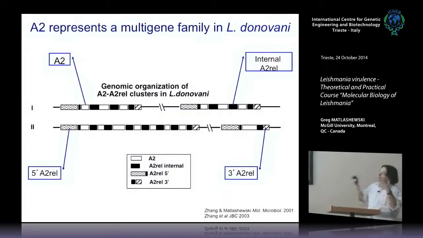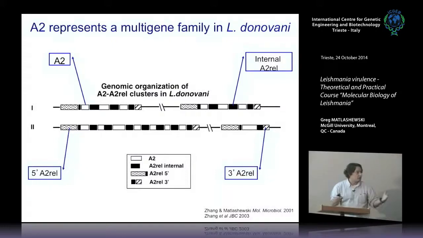So we also looked at the genes along the chromosome, and we know that there are 2 chromosomes. And the A2 genes are shown here in white. So the first thing we found out is that there are many of these genes. They're not just a single gene, there are many copies of it. So it's a multi-gene family. And you have A2 genes here, which are shown in the white blocks.